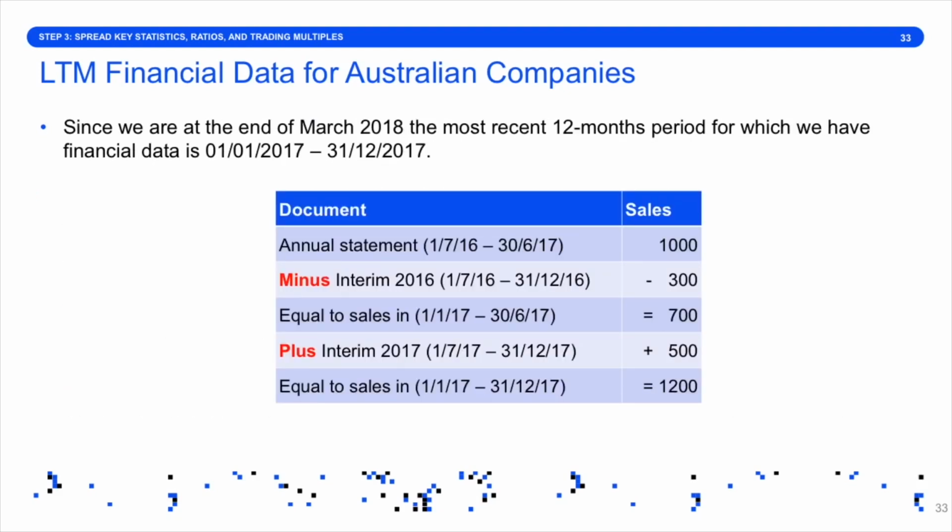Well, what we do is take the sales from the annual statement. Then we take away the sales from July 2016 to December 2016. This gives me 700, and by definition, these are the sales from January to June 2017.